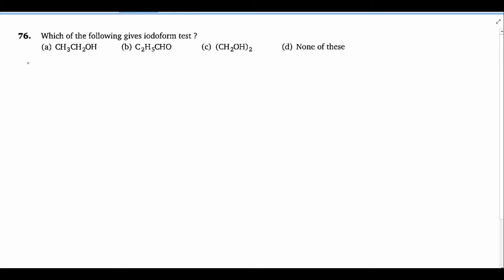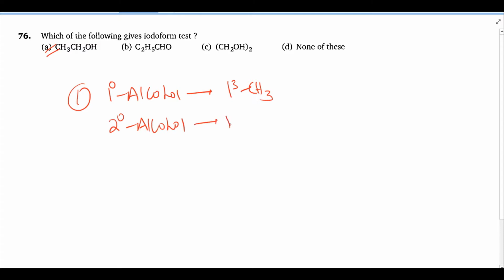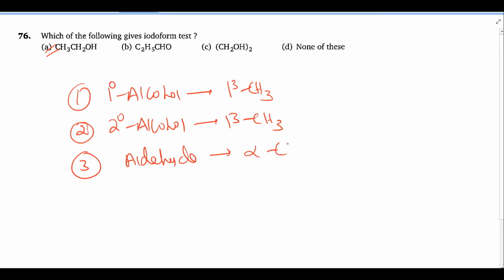The answer is A. I already told you, a primary alcohol should have a beta CH3, and a secondary alcohol should have a beta CH3. Now you can take an aldehyde; there should be an alpha CH3. These are the conditions for haloform.